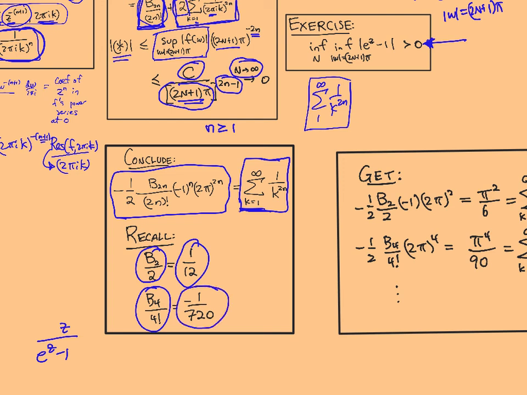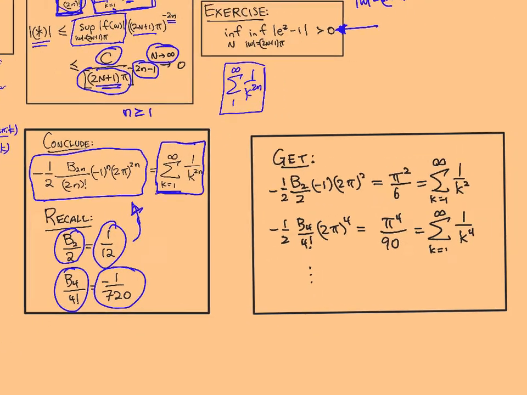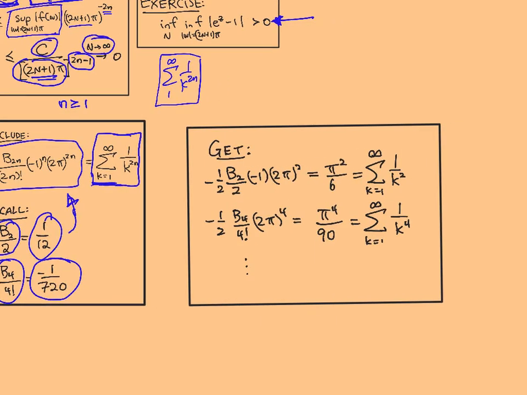And again, it's better to work this out yourself, but you can put these in here and get these kind of famous formulas. So this number here will give you pi squared over 6, which gives you the sum of 1 over the squares.